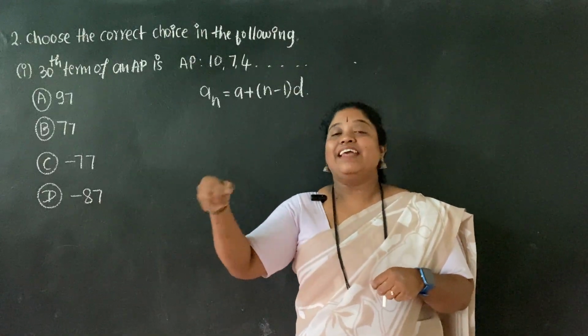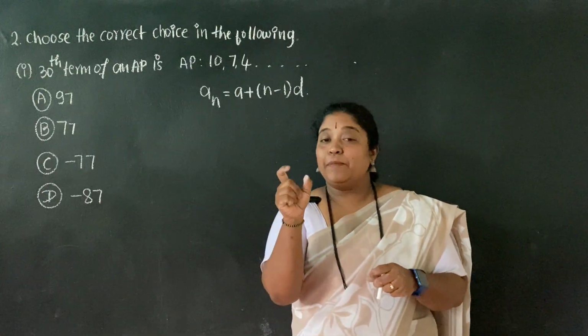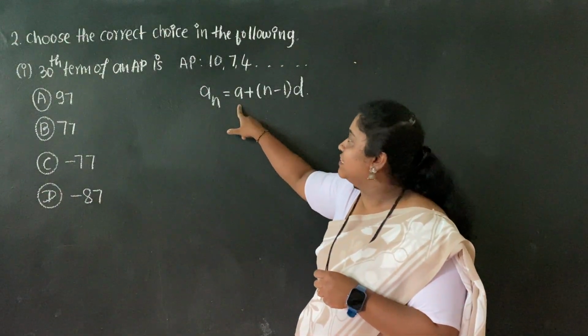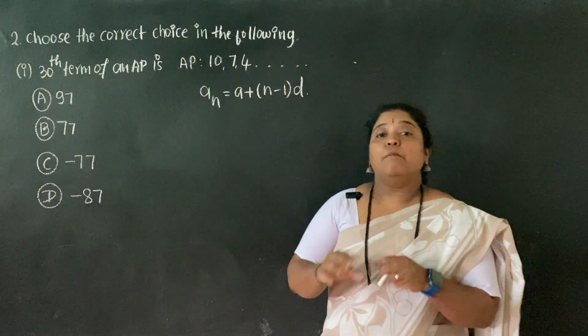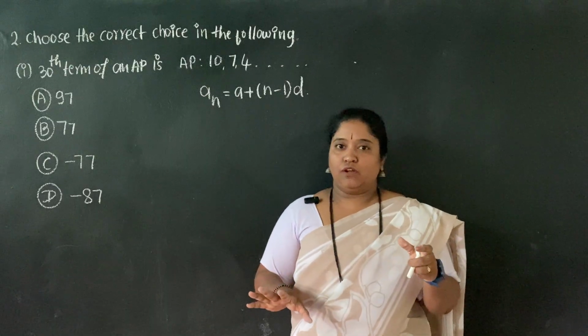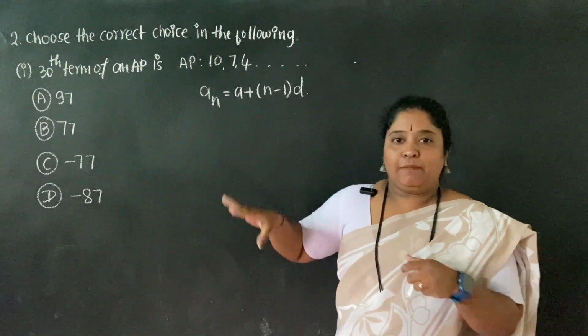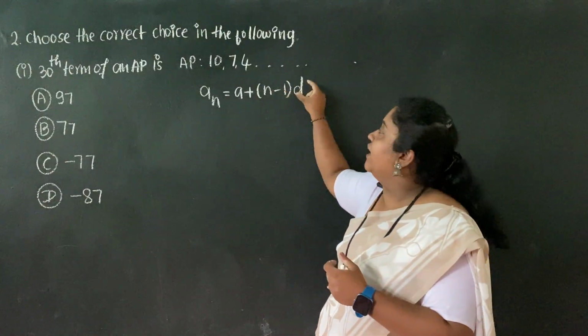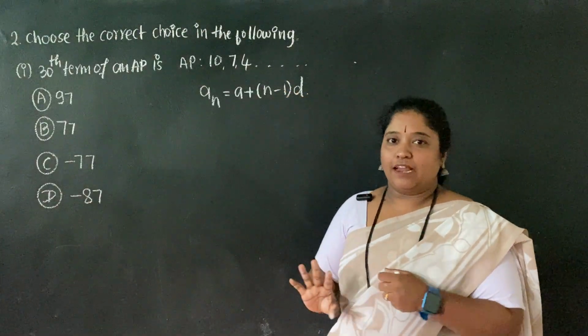When I say nth term, n is the place value. What is a, dear? a is the first term. n is the number of terms that I'll be having. Suppose in an AP I have 20 terms, 30 terms, 5 terms, that is the number of terms. And d is the common difference.